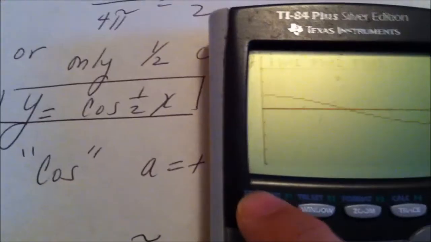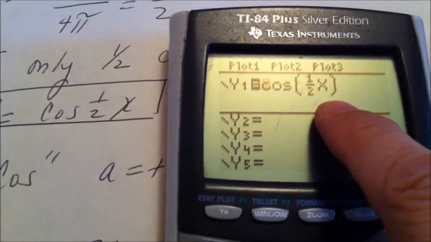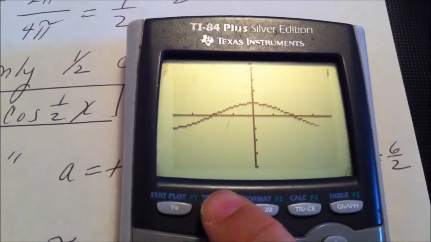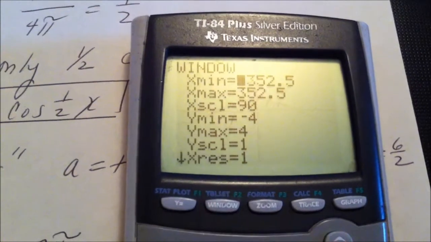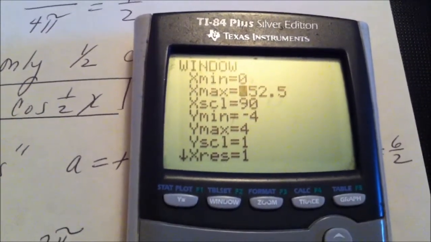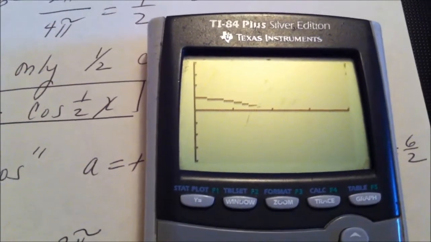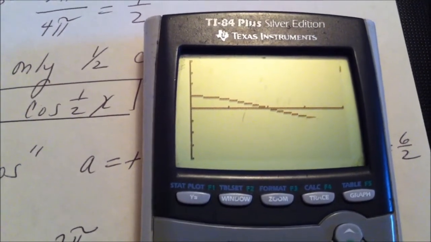Now I put this into y equals, do my zoom 7, and after it's done graphing, change my window to 0 to 360. I hit graph, and I can see that my picture looks exactly like the picture in the problem.